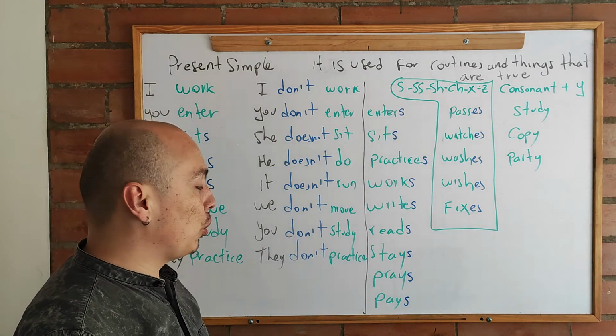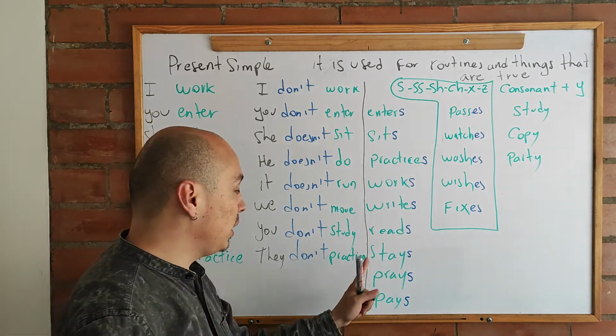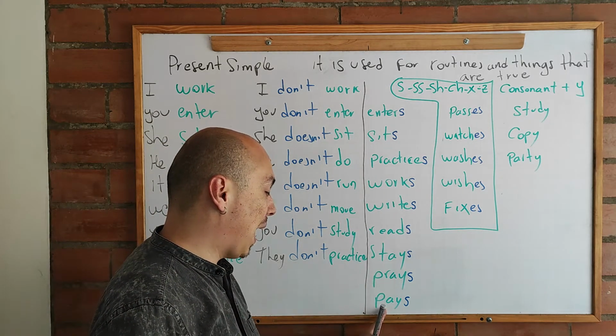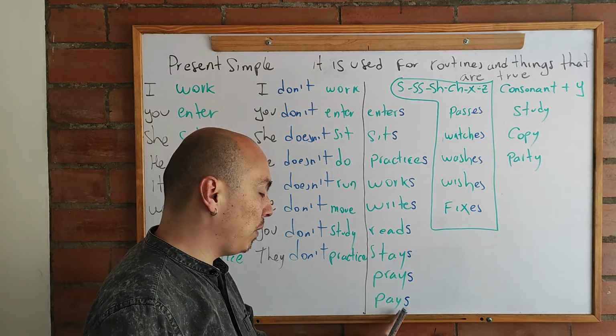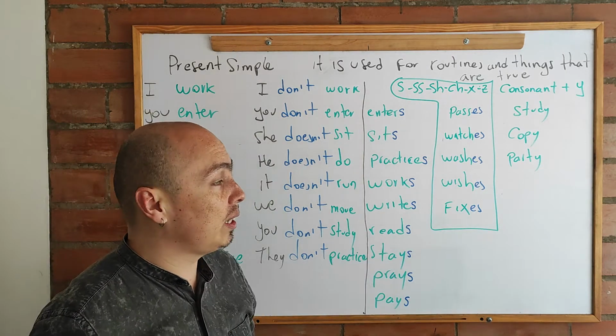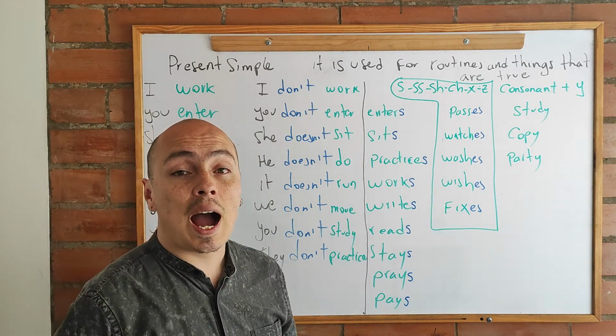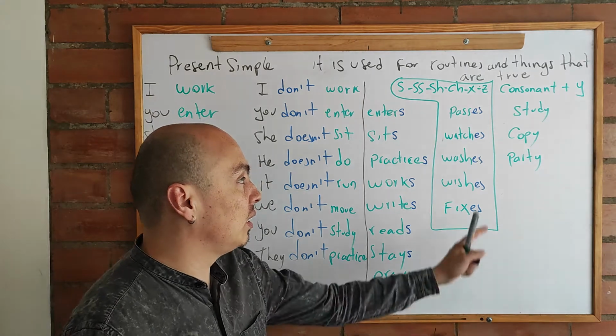The third group is going to be different from these ones. If you notice here, stay, pray, and pay have a vowel before the Y. But in there, you are going to have a consonant.